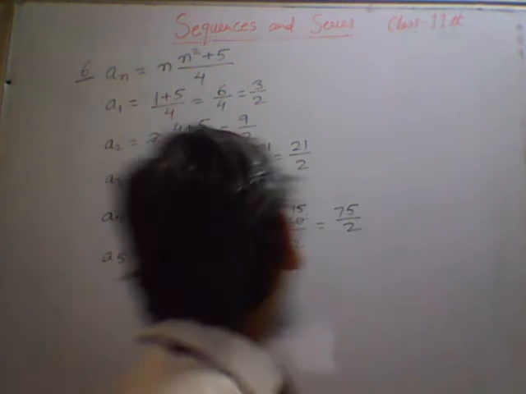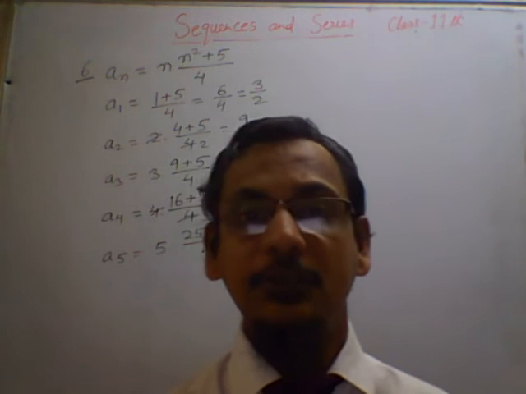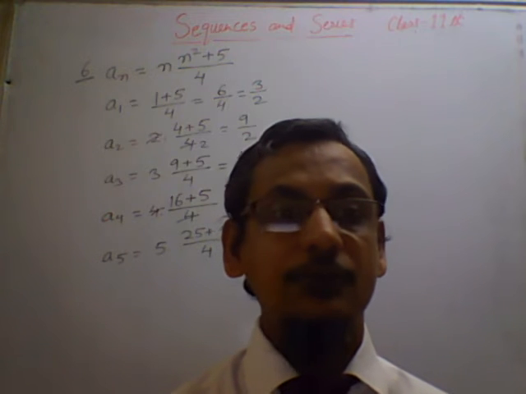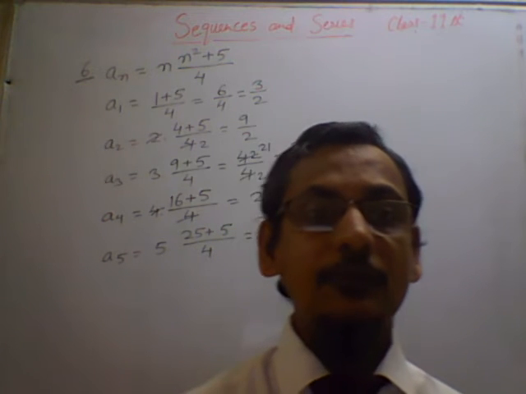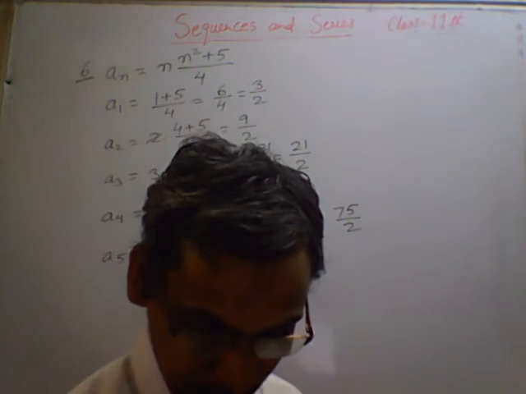Question number 7. Find the indicated terms in each of the sequences in exercises 7 to 10 whose nth terms are given. Okay, we are doing the same here also.